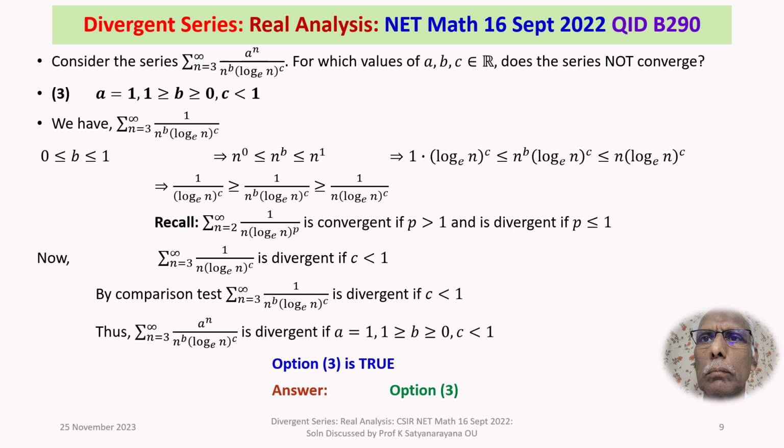You will come out of the answer within no time by taking particular values in the given range, and showing that in each case of options 1, 2 and 4 it is convergent, and for some particular values under option 3 you get a divergent series, and you will get the answer, option 3, within no time.